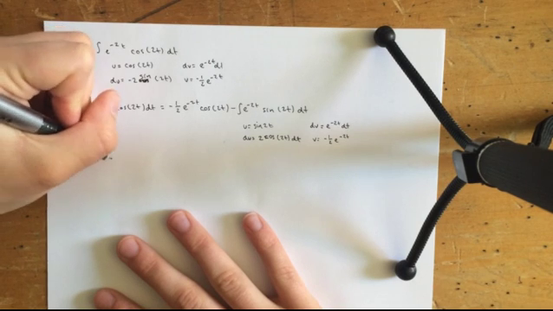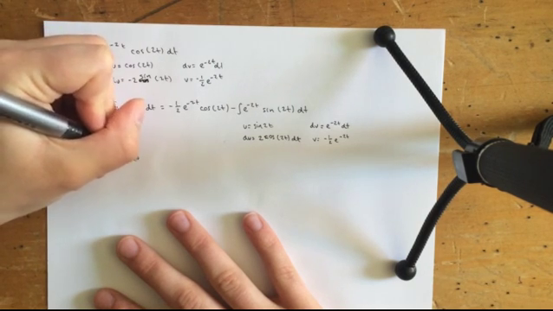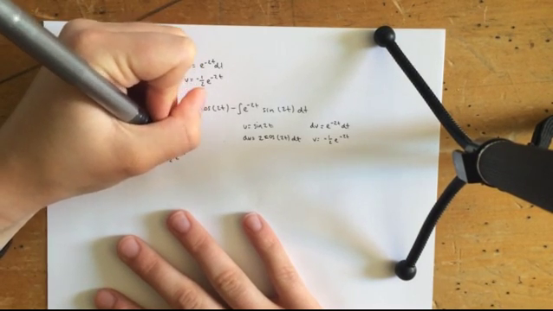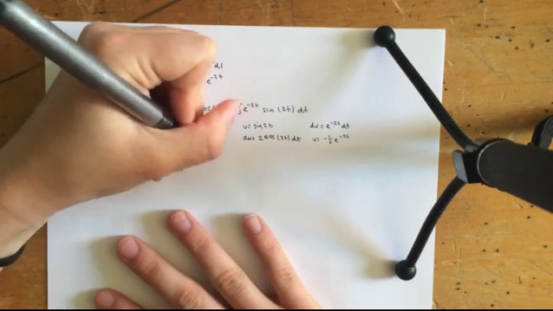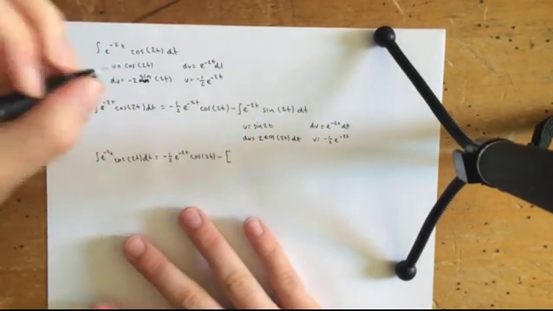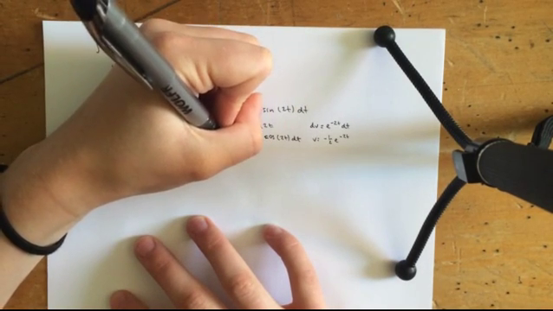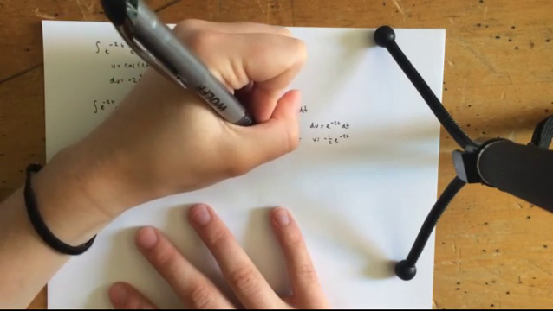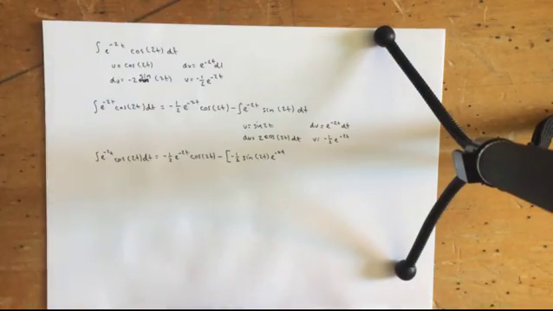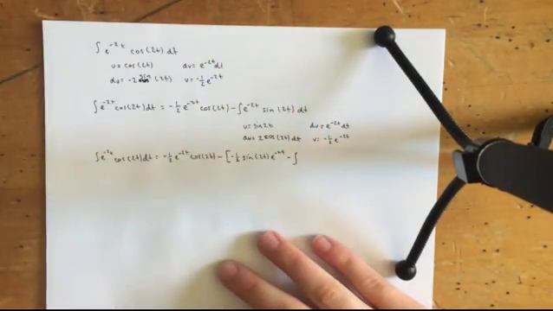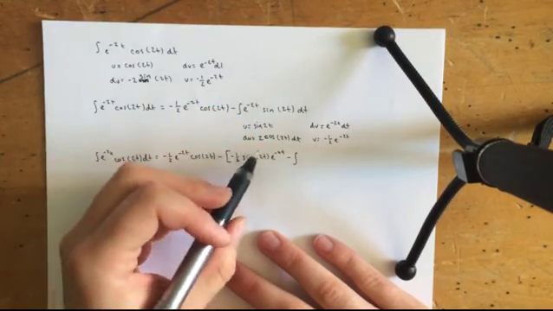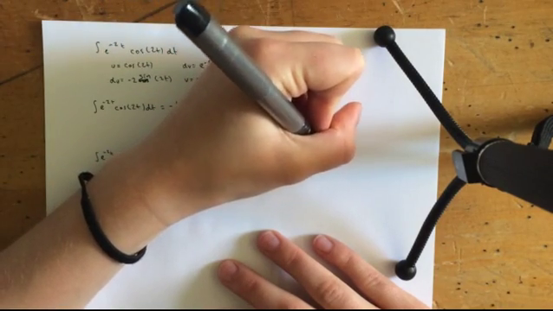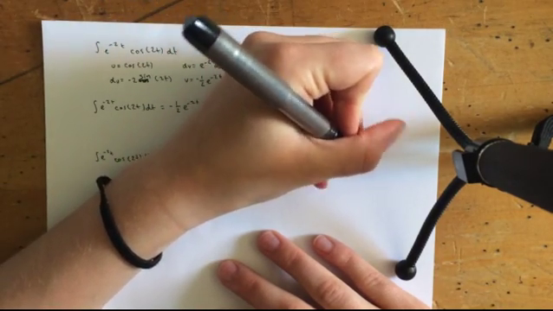The integral of e to the negative 2t cosine of 2t dt equals negative 1/2 e to the negative 2t cosine of 2t minus, and I'll put brackets in here, u times v, so negative 1/2 sine of 2t e to the negative 2t. I could have reversed the order there. Minus v du. Negative 1/2 times 2 would be negative 1, so negative e to the negative 2t cosine of 2t dt.